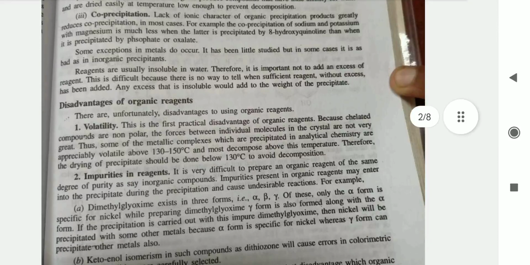Reagents are usually insoluble in water, therefore, it is important not to add an excess of reagent. This is difficult because there is no way to tell when sufficient reagent without excess has been added. Any excess that is insoluble would add to the weight of the precipitate.